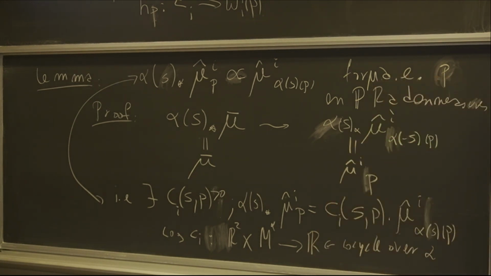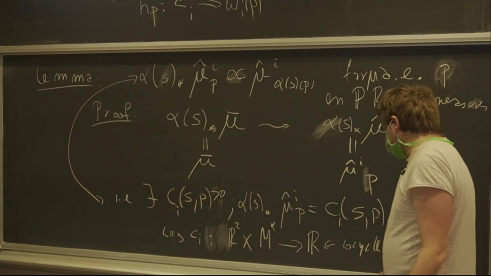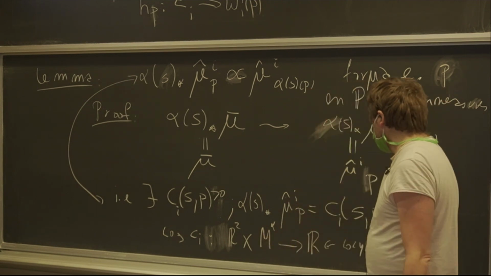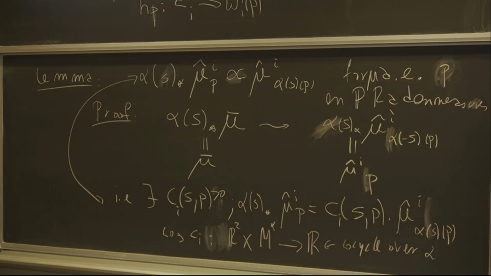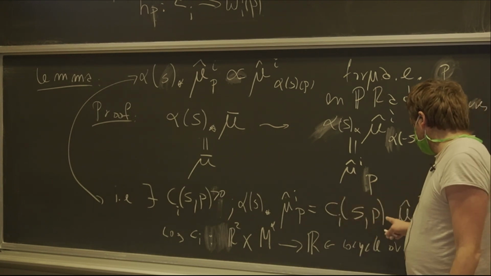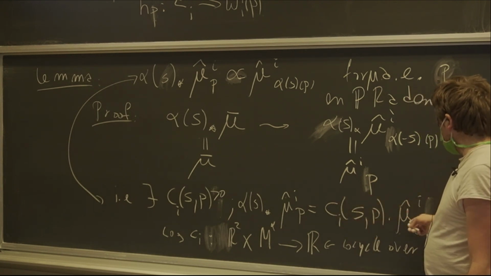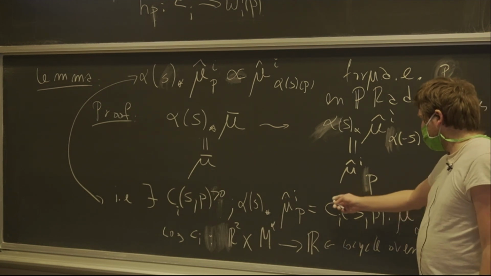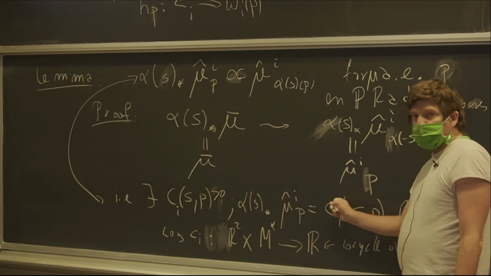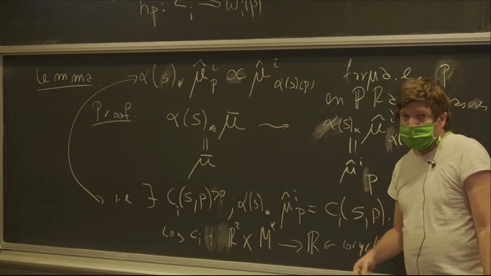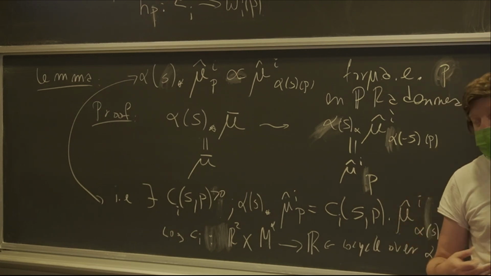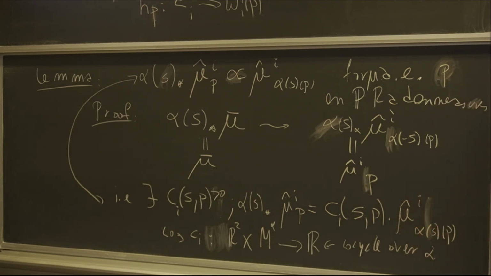So if for whatever reason you know that this cocycle is cohomologous to a constant, so constant independent of the p variable, or even fully zero, then you can pick a normalization of the μ hats that will make this into something that is independent of p. And at the end of the day, we are going to be able to do it. But at this stage, it's not possible.